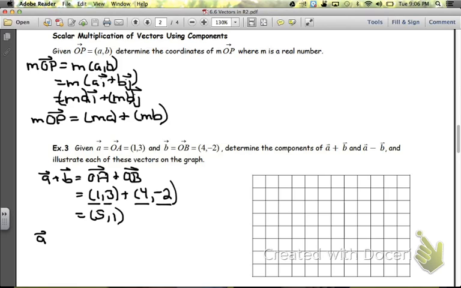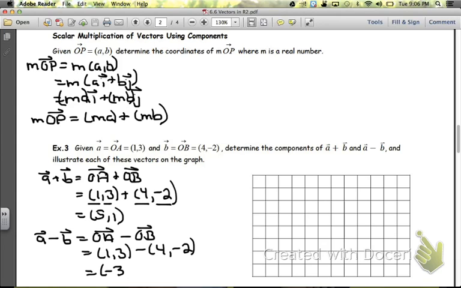Now let's look at A minus B, which is the OA vector minus the OB vector, (1, 3) minus (4, negative 2). So 1 minus 4, we get negative 3, and 3 minus negative 2, we have 5.